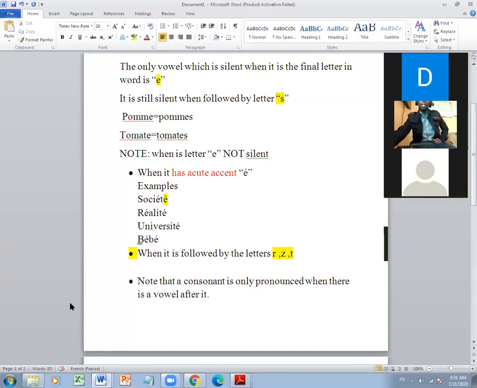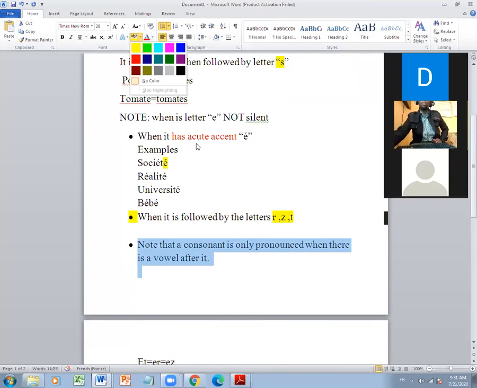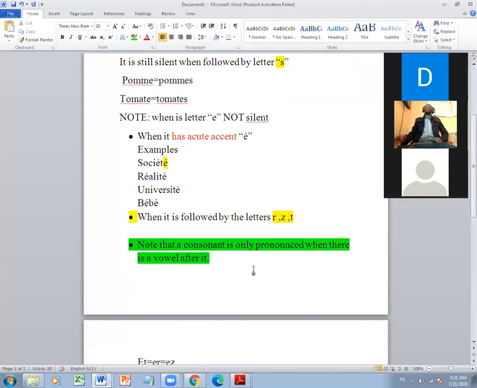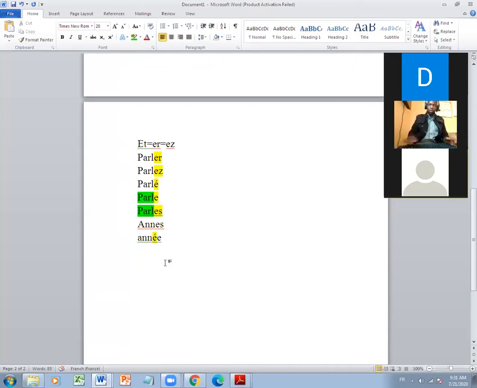And finally, I've made a very important point here that I'm heading to again now: note that a consonant is only pronounced when there is a vowel after it. So if you don't have a vowel after a consonant or a group of consonants, those consonants are what? Silent. Okay? So in that case, how do you read that word?